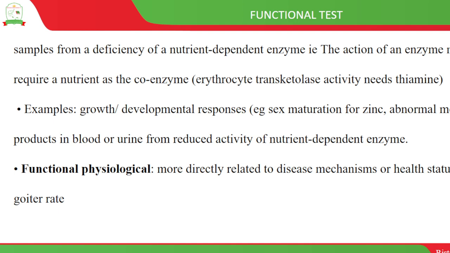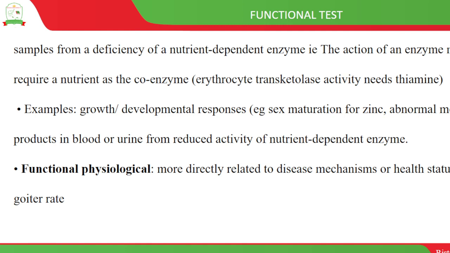Let's look at erythrocyte transketolase activity, which is needed for thiamine. It needs thiamine. So if you measure the erythrocyte transketolase activity in your body and find that it's not functioning well, that directly indicates that there are thiamine issues. That gives you at least a conclusion that you need to work on the thiamine levels in your body because of the deficiency.